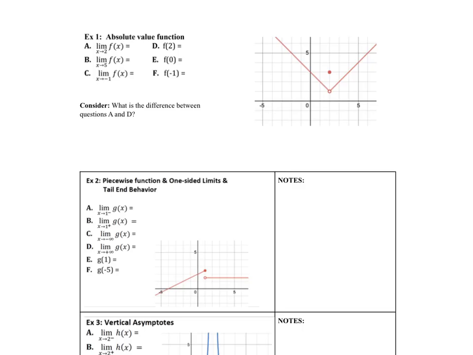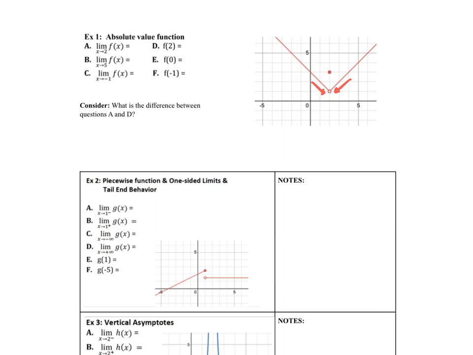So now let's take a look at some examples and see how we're doing. So first we'll take a look at the limit as x approaches 2 of this absolute value function. So as we approach x equaling 2 from the left side and from the right side, our y values in both cases are approaching 1.